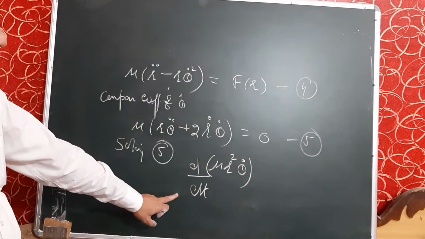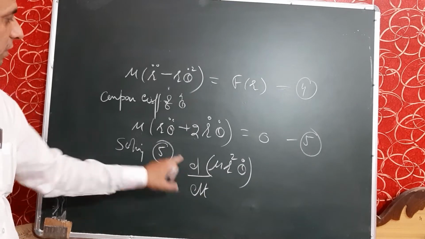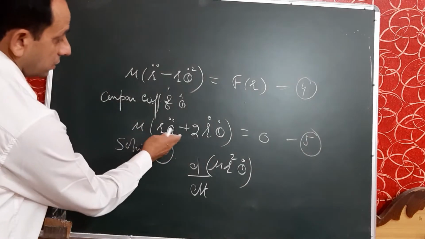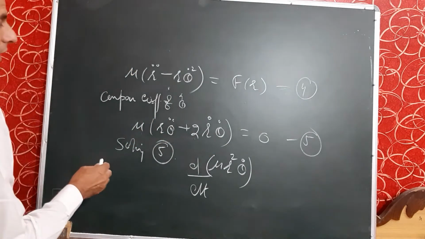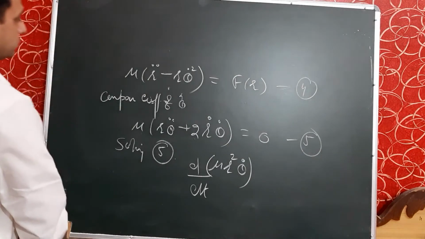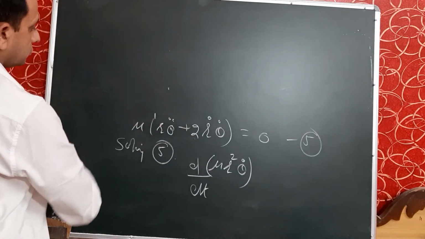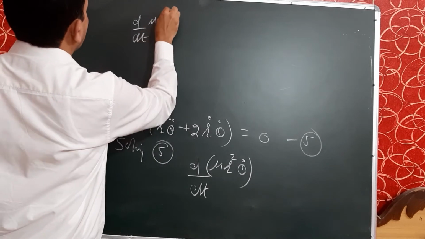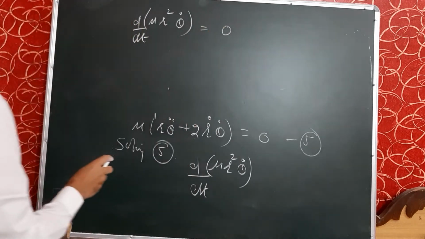There is a factor of r on the left hand side, so this may be written as 1 by r times d/dt of mu r square theta dot, and is equal to 0.